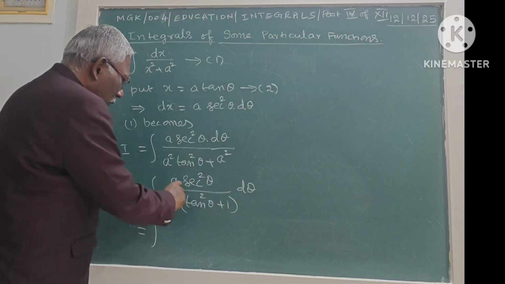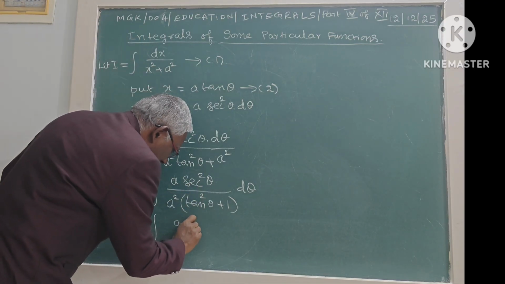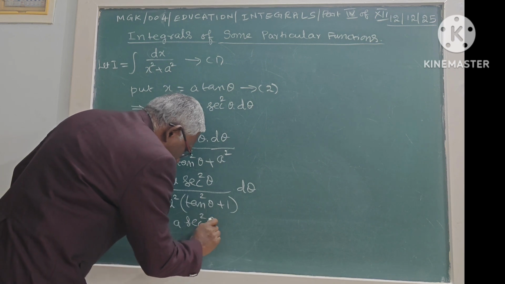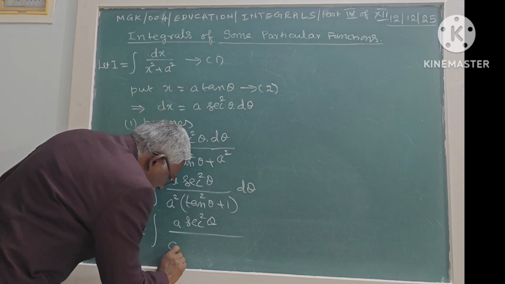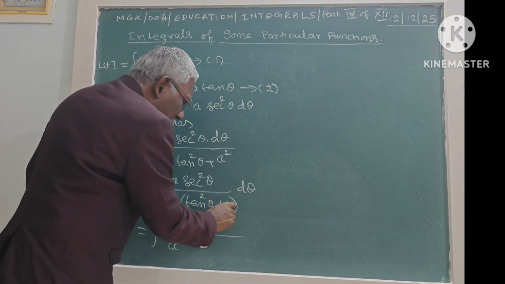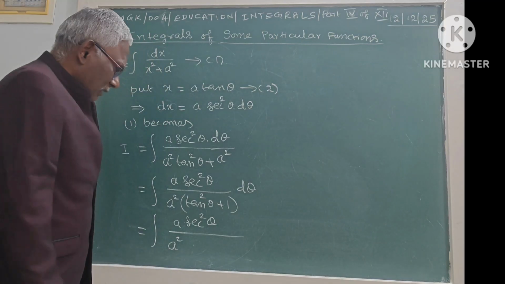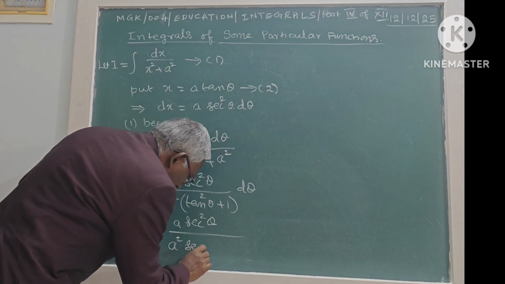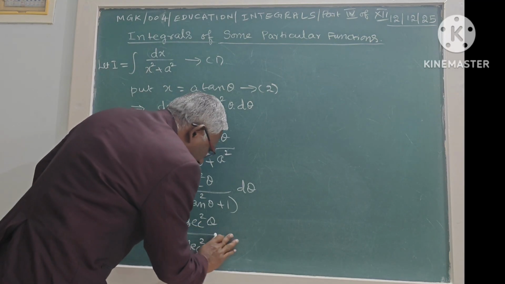Here what happens now? A secant square theta by a square, tan square theta plus 1 is secant square theta. So secant square theta d theta.